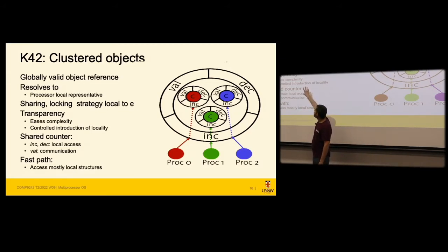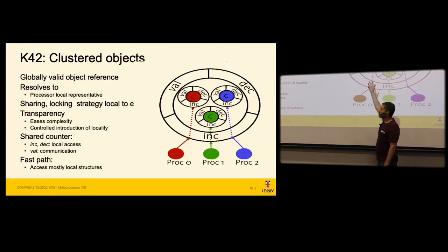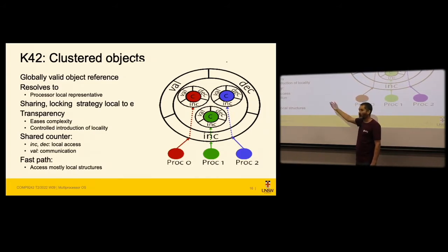The cool thing about doing it this way is there's a lot of transparency. So for example, if increment, decrement are the common cases, then you implement it that way. But if the common case suddenly changes, then you can change the implementation of it to make, for example, get value the common case, do local reading, and have increment and decrement cause communication, without affecting the processes that use it, because they still have the same interface.